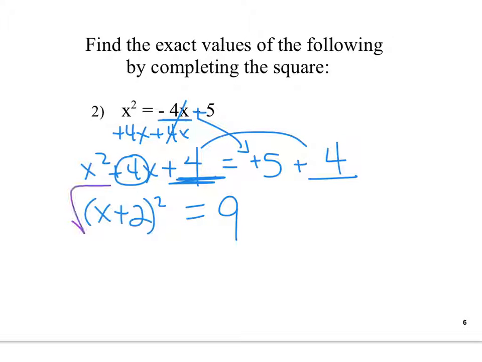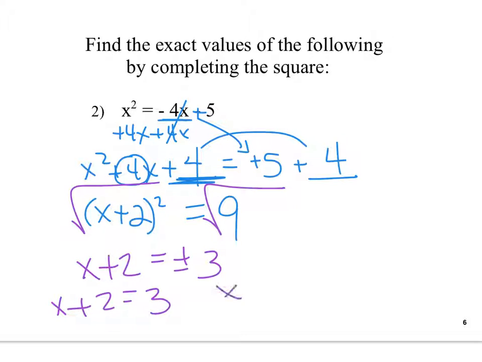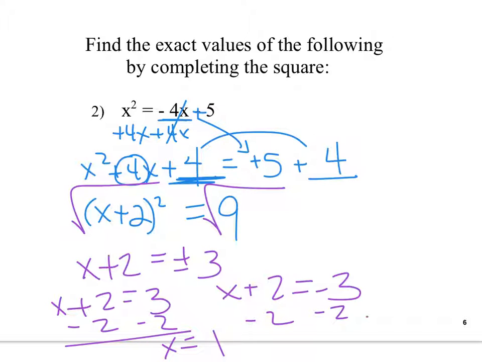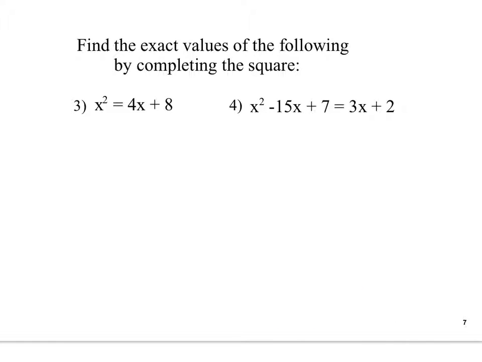Now we solve by taking the square root. x plus 2 equals plus or minus 3. x plus 2 equals 3, x plus 2 equals negative 3. So x is 1, and x is negative 5. Okay, we'll try these two real quick.